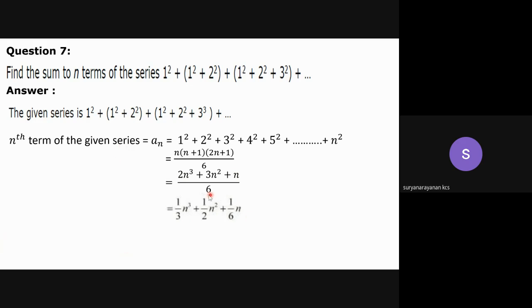Right. So for this nth term, we apply the sigma notation. Therefore, Sn is equal to sigma k is equal to 1 to n ak. That is equal to sigma k is equal to 1 to n, 1 by 3 k cube plus 1 by 2 k square plus 1 by 6 k. We have applied sigma notation for the nth term of the given series.